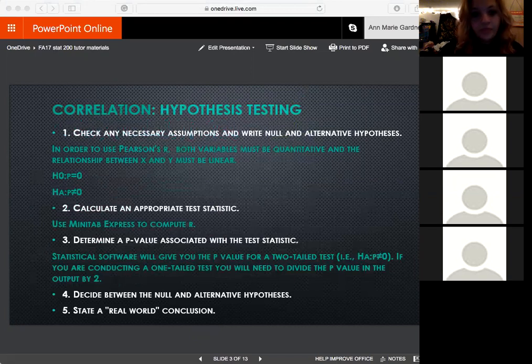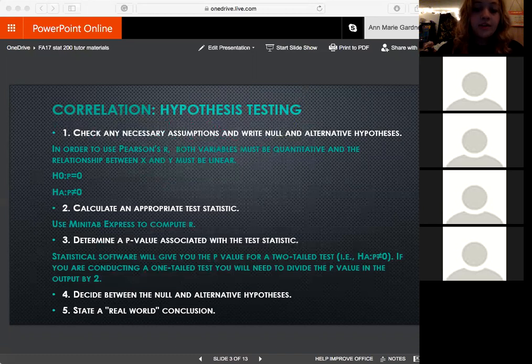In this case, for the assumptions for correlation, we call it Pearson's R. Remember we were talking about how, in order to assume that it's normal for the other tests, since in this case we're talking about correlation, there's not something necessarily that's normal.